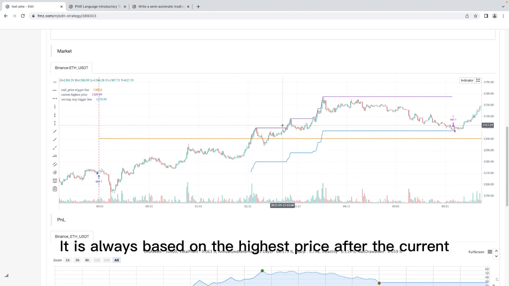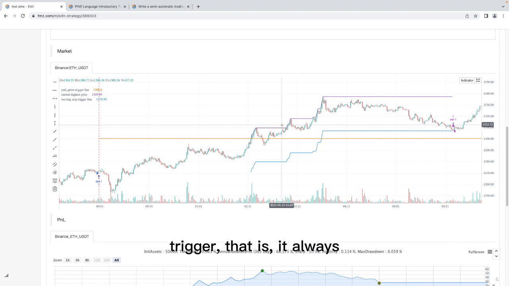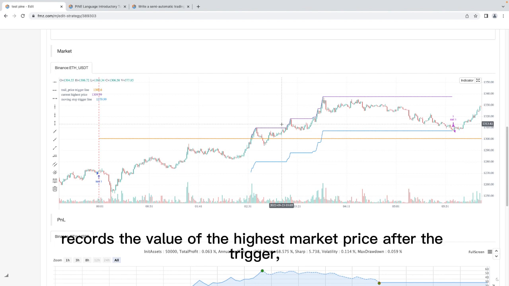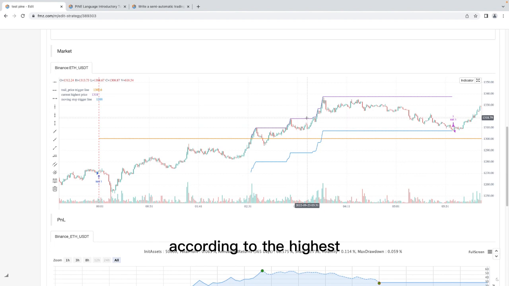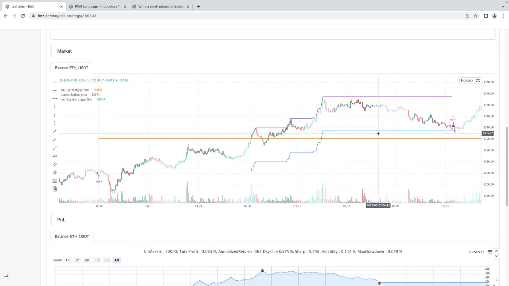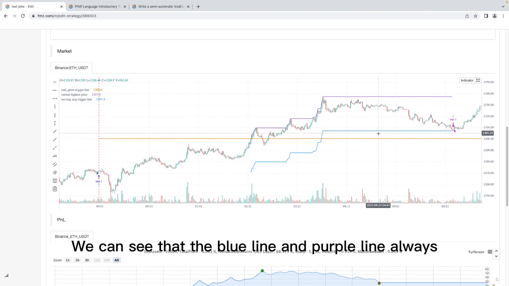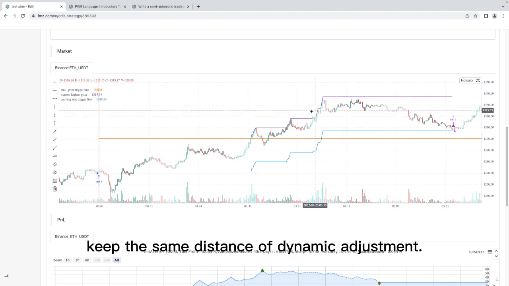It is always based on the highest price after the current trigger. That is, it always records the value of the highest market price after the trigger, and then adjusts its profit stop line dynamically according to the highest price value, that is, the blue line. We can see that the blue line and the purple line always keep the same distance of dynamic adjustment.